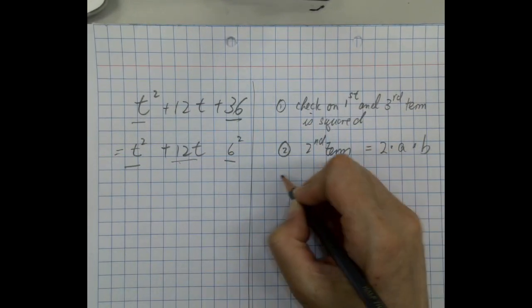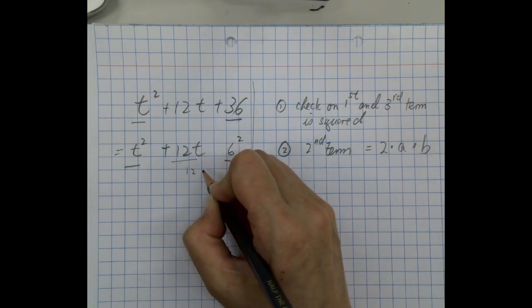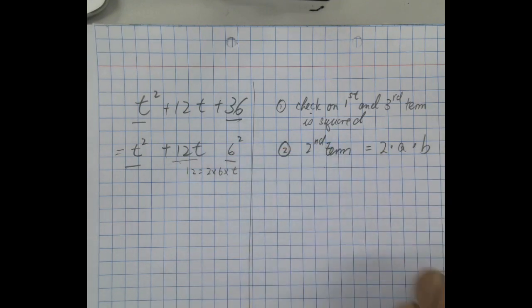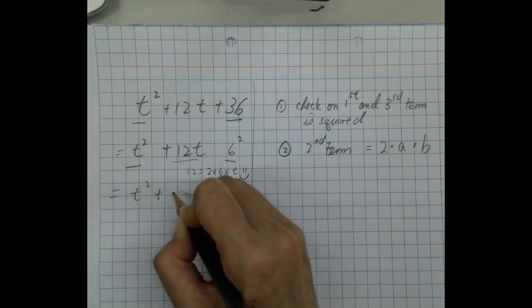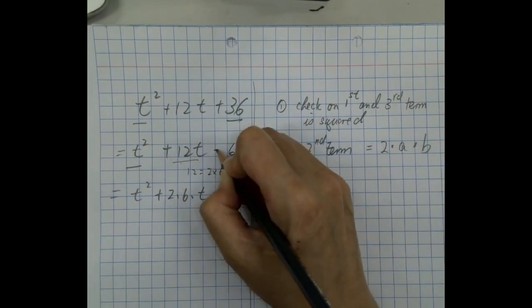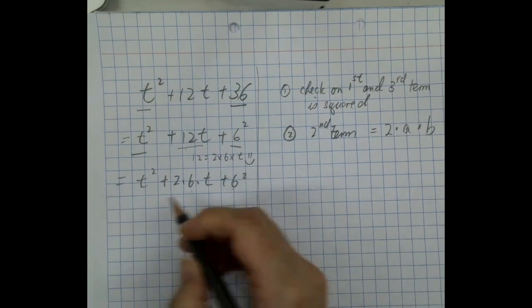So let's try. 12t equals 2 times 6 times t. That works. So it works. So we can move on to t square plus 2 times 6 times t plus 6 square. So we have our a square plus 2ab plus b square.